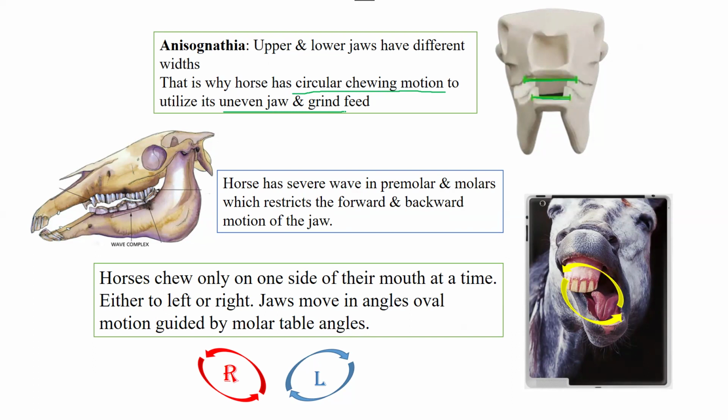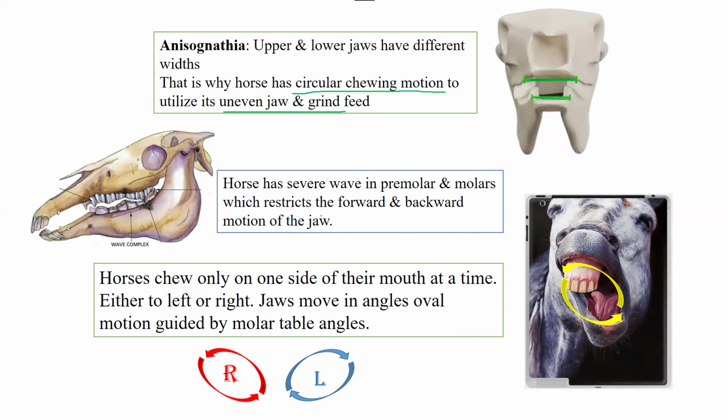We humans can eat from both sides at the same time, meaning our food is between our teeth on both the right and left sides of the mouth and we can chew it, but horses cannot do that. They will eat either from their right side or from their left side, but they cannot utilize both jaws at the same time.